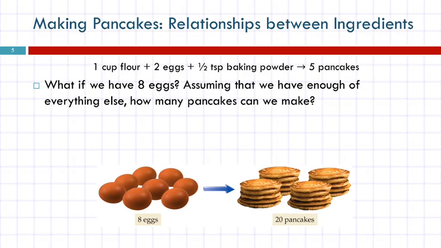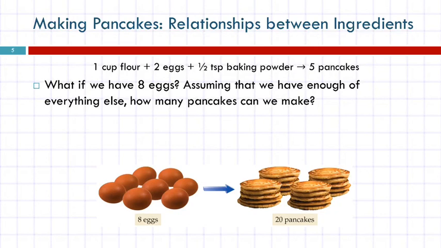So what if we have 8 eggs? How many pancakes can we make? 20, okay? So you can do that math in your head. But we need to learn how to write it down, because when I ask you how many grams of hydrogen can you make from 20 grams of water, you're not going to be able to do that one in your head.